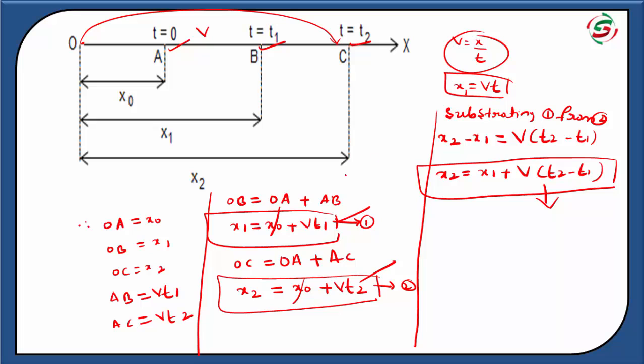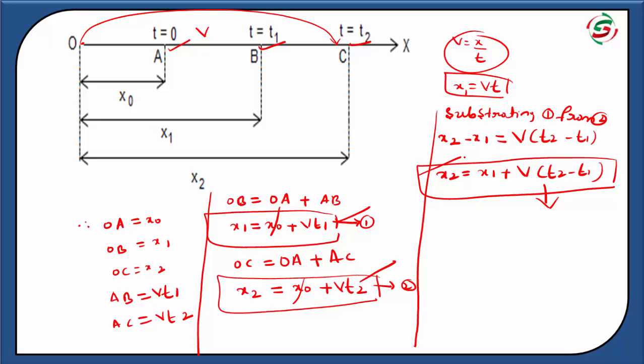When you subtract equation 1 from equation 2, we get x2 is equal to x1 plus V into T2 minus T1. This formula is used to find uniform motion in a straight line. x2 equal to x1 plus V into T2 minus T1, or x1 is equal to x2 plus V into T2 minus T1. This is a very simple equation.